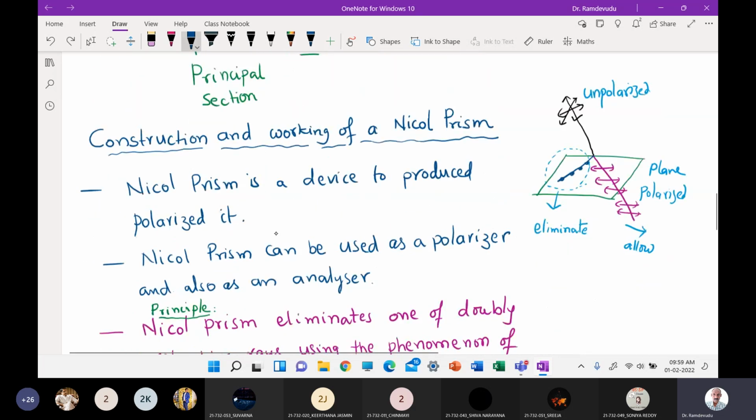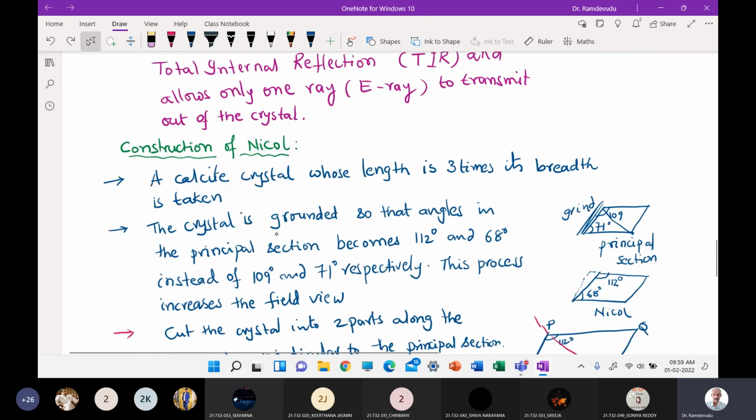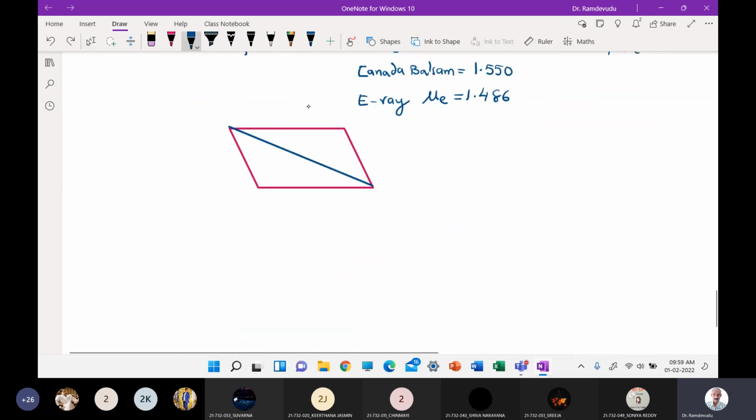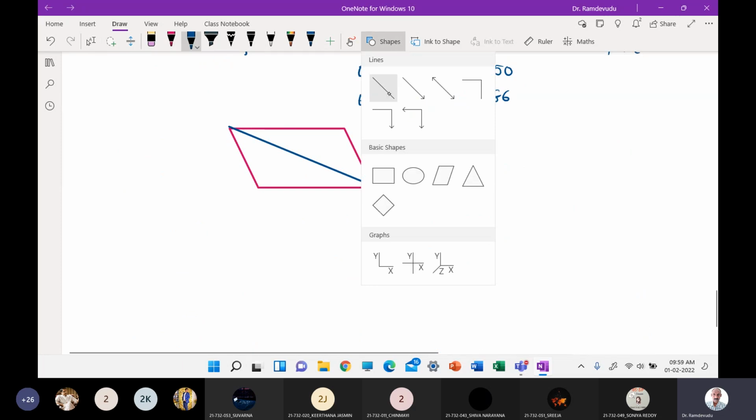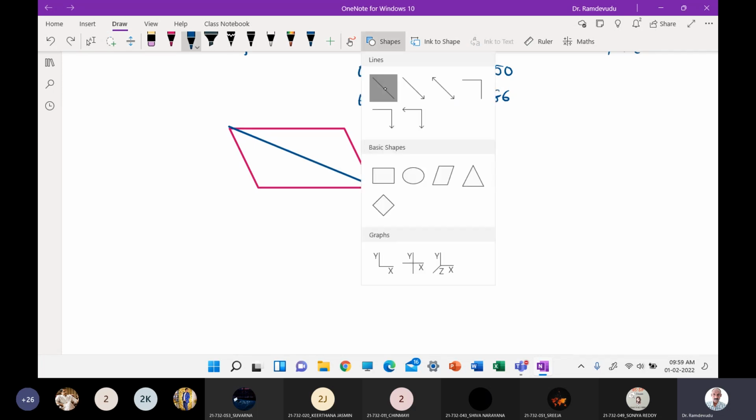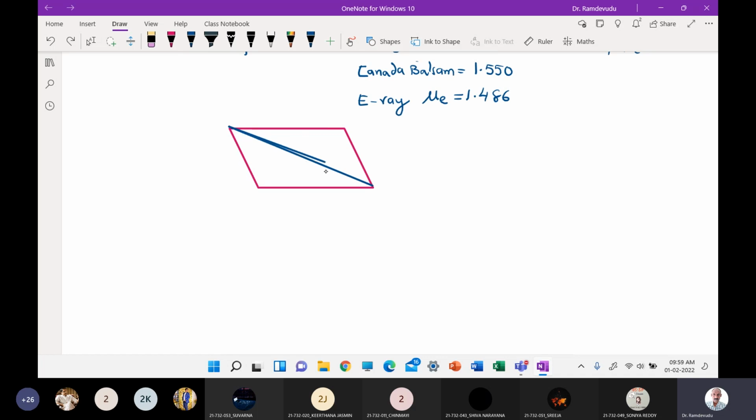Then I take the cut part. We have a cut part here, and to show the cut part clearly I am drawing with another line.